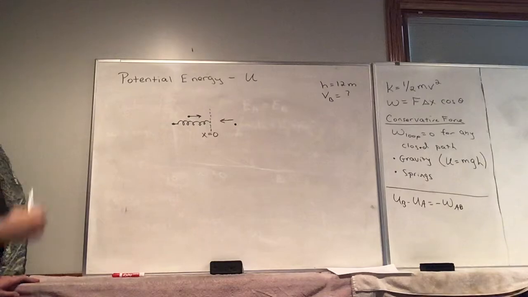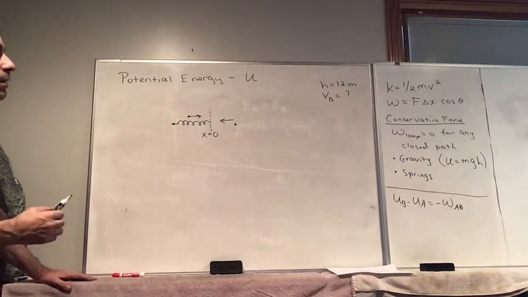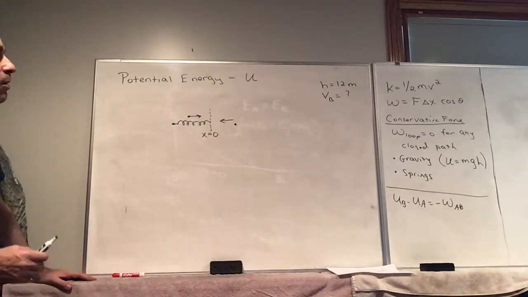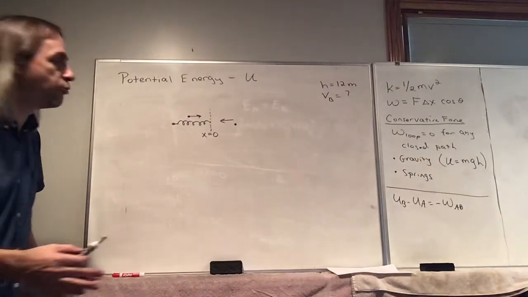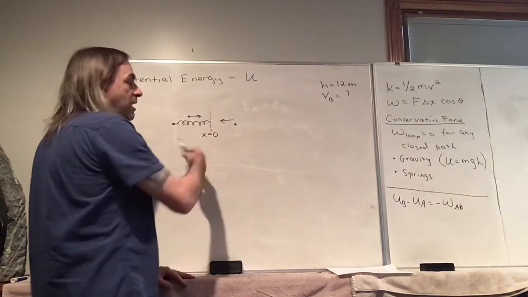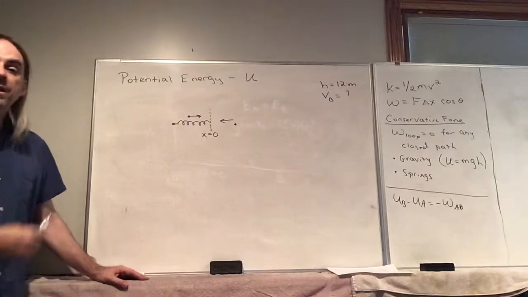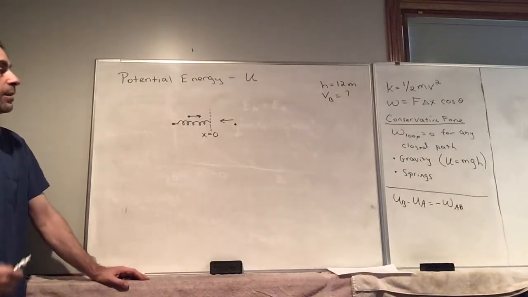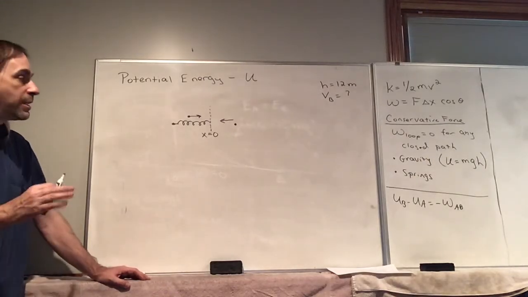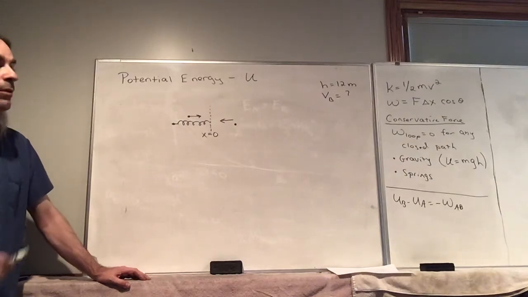And it turns out that the force for a spring is proportional to its extension or compression, either way, the displacement. Whether you extend it or compress it, the force in magnitude is going to be proportional to that length.